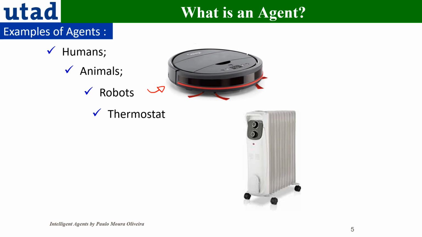The thermostat has an incorporated sensor that measures the temperature, and also a switch that is going to turn the heater on or off. Software agents, softbots, are also an example of agents.